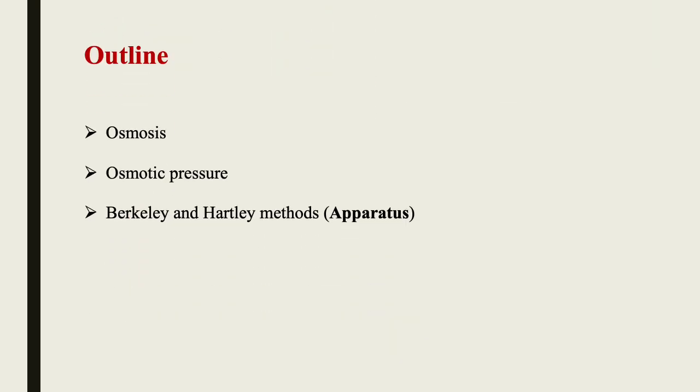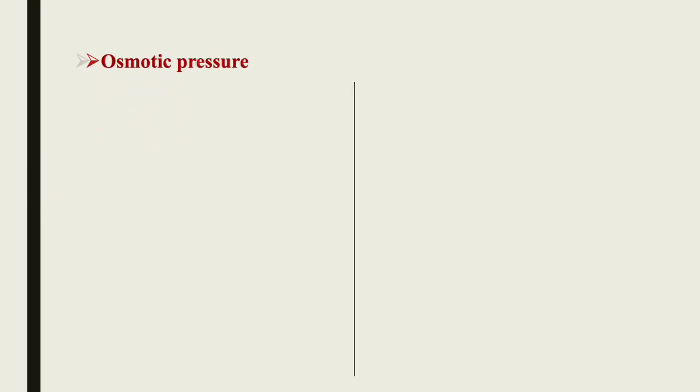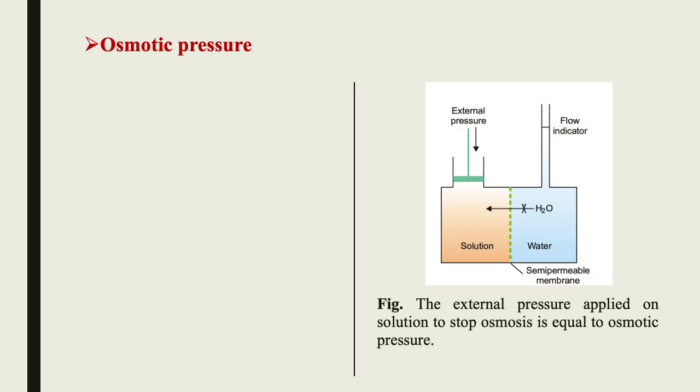So now we will see the osmotic pressure. What is meant by osmotic pressure? As you can see on the right hand side, the figure illustrates the meaning of osmotic pressure. So far we have seen the osmosis process. In the same osmosis process, you are applying external pressure to the particular chamber.